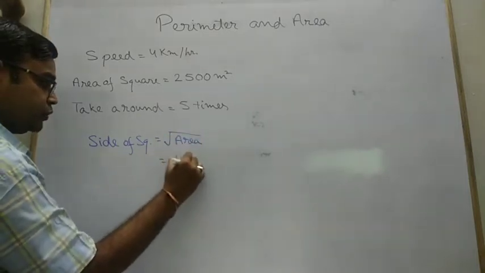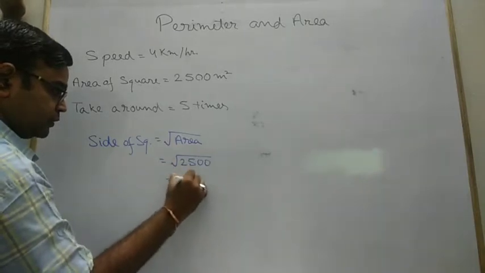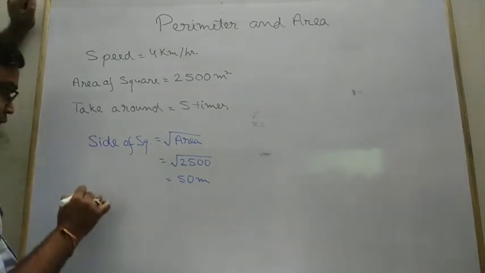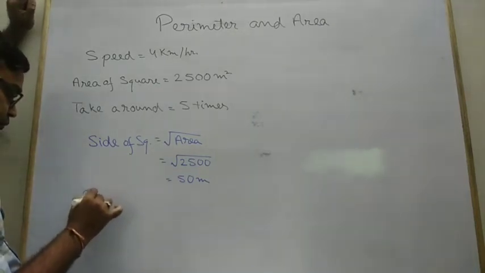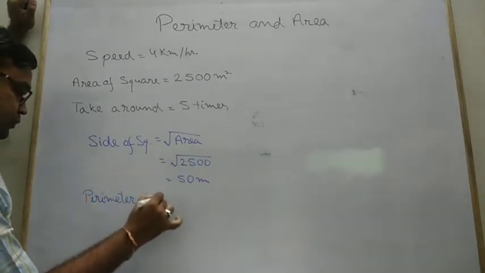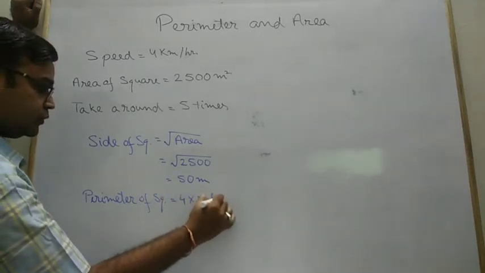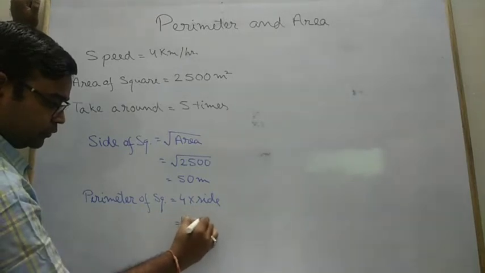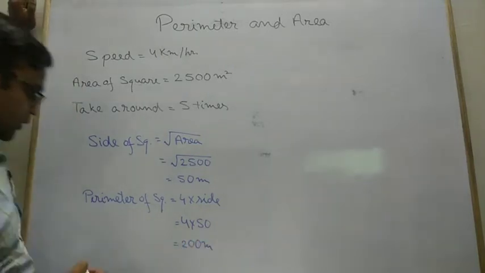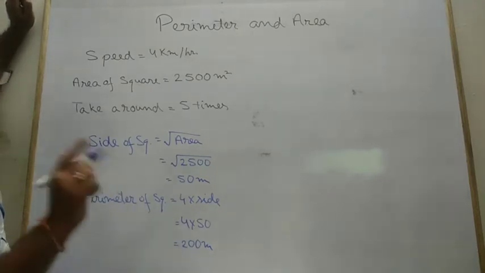Here under root 2500, so it's 50 meter. So what is the perimeter of the square? Four into side, 4 into 50, 200 meter.